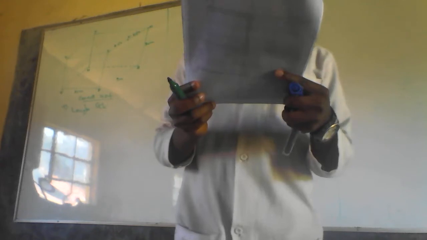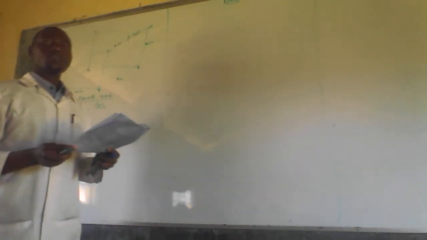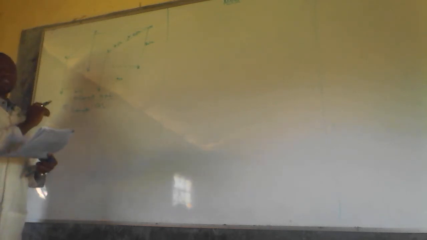That is for part A, part B, part C, and part D and F. So it means all the answers which you are going to get in that question, you must write them to four significant figures, correct to four significant figures. So let's start with the first one.